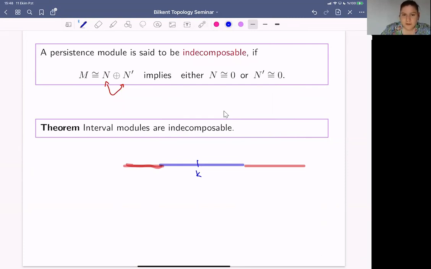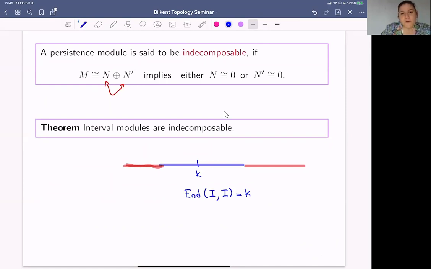This is coming from the fact that the endomorphism ring from an interval module to itself is isomorphic to the field K, and the idempotents in the field K are 0 and 1. So there is no non-trivial idempotent element in K.